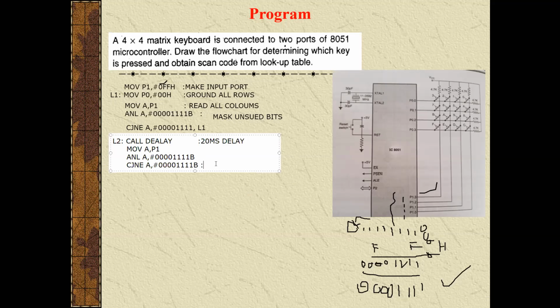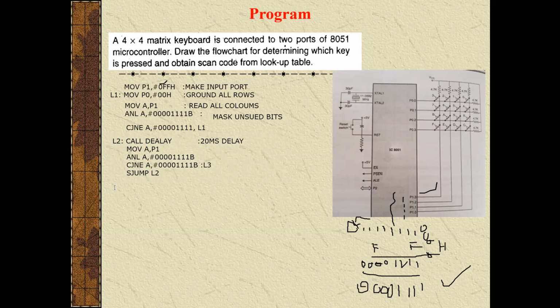If both are different, that is, a key is pressed, then it has to jump to loop 3. If both are equal, no key is pressed, so it will jump to loop 2 again, wait for a certain time, and check the same procedure to see whether a key is pressed or not.